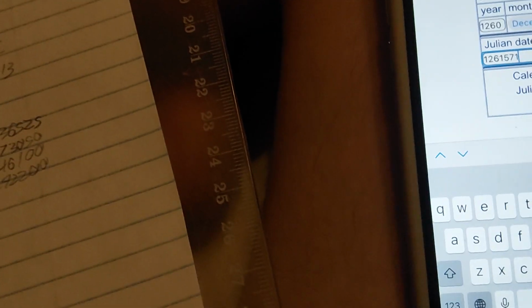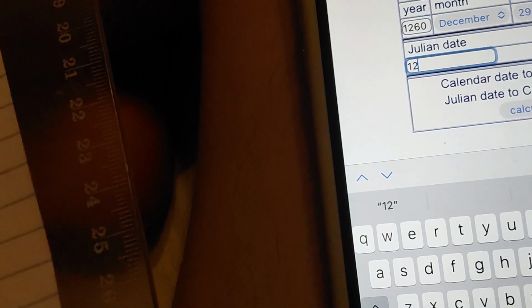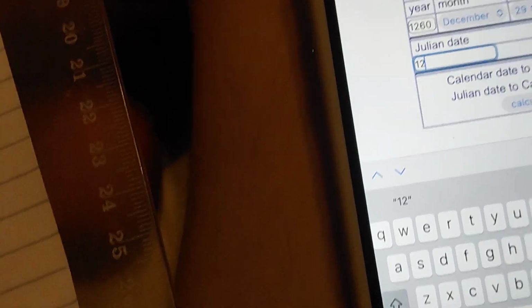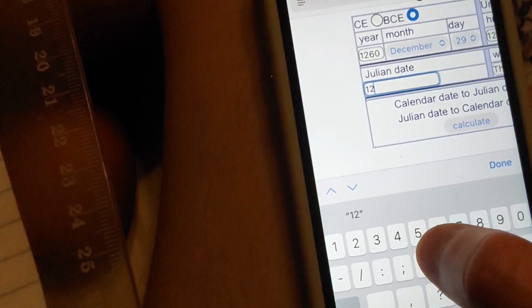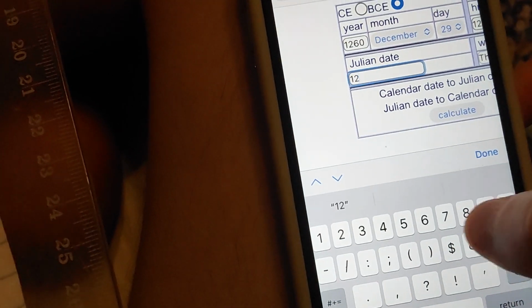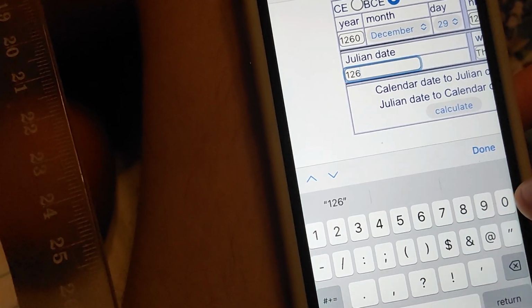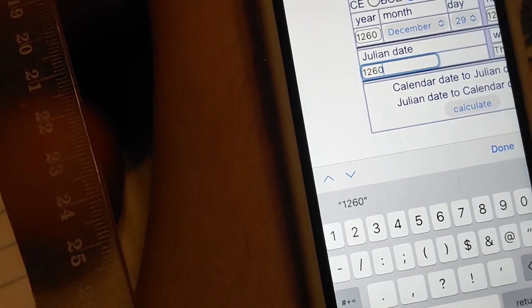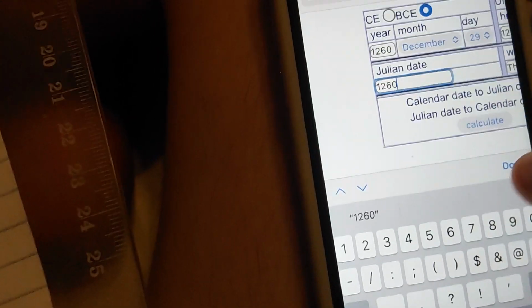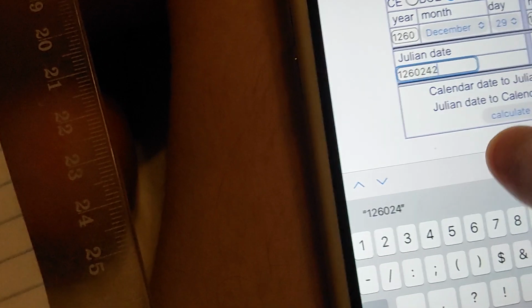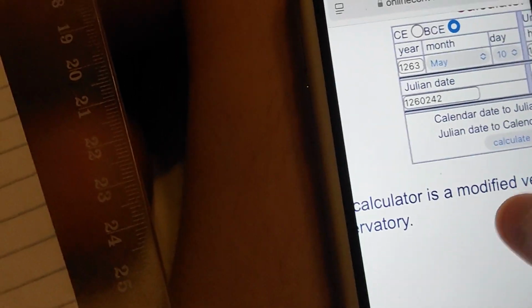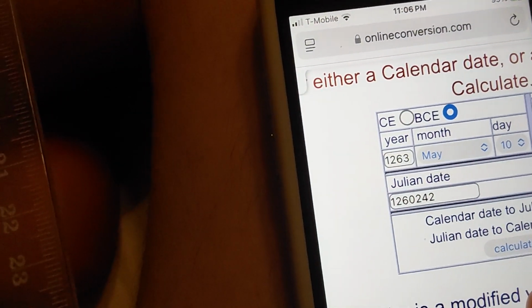Let's do 1, 2, 6, 3. Back to number mode. Now I'll stop looking through my camera and just look at my screen directly. As you can see, May 10th, 1263 BC.